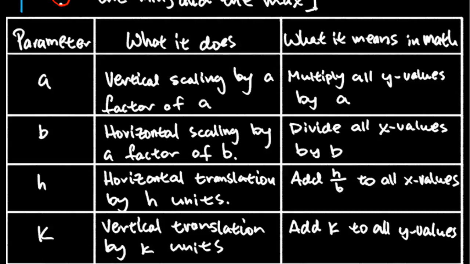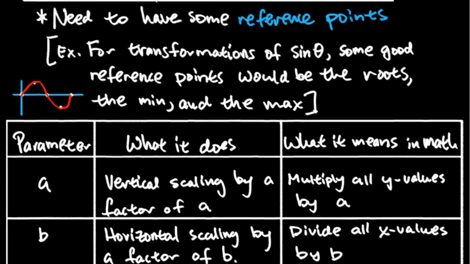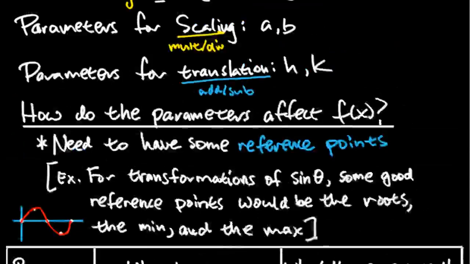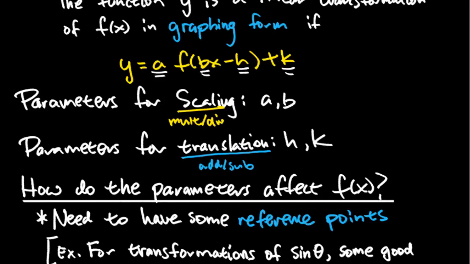Okay, so B is a horizontal scaling. Horizontal refers to x values, so you're dividing all the x values by B. You might be wondering, why dividing here? If we look at B times x, what's really happening is you're multiplying every x value by some value and then applying the function to it.